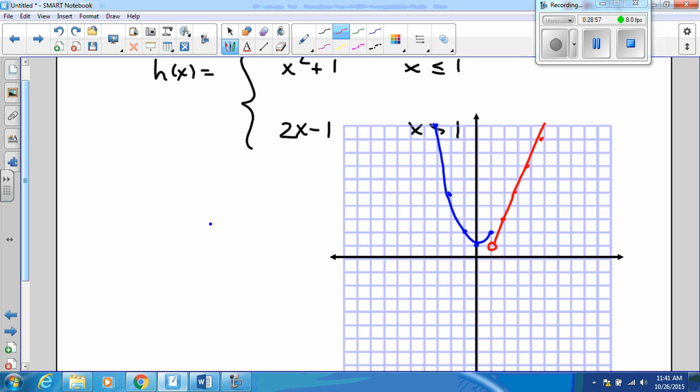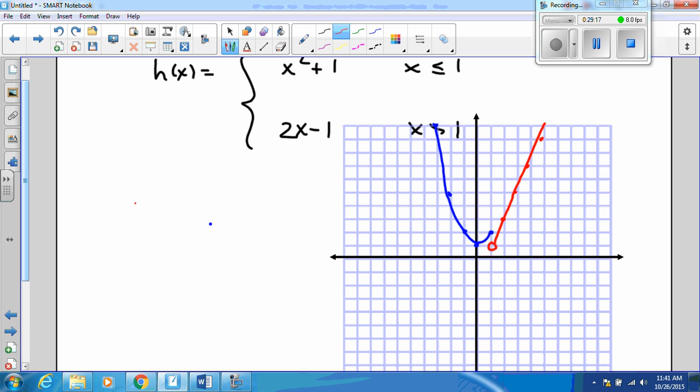So hopefully your graph looks just like that. Notice that the red portion, the line, has an open circle at x equals 1. And the quadratic portion, the parabola, the blue part, has a filled-in dot at x equals 1. Does that look okay? Good.